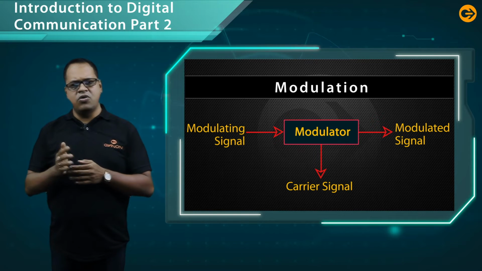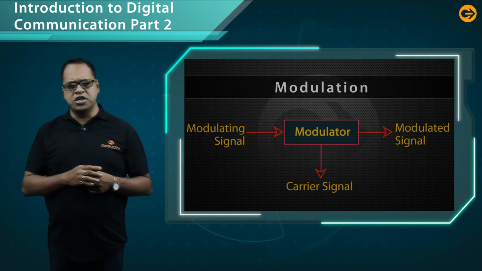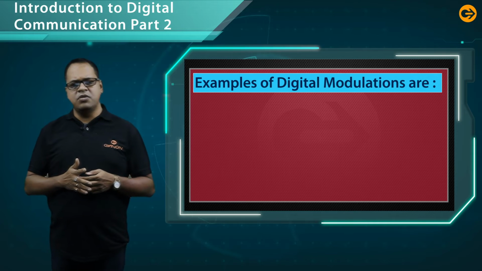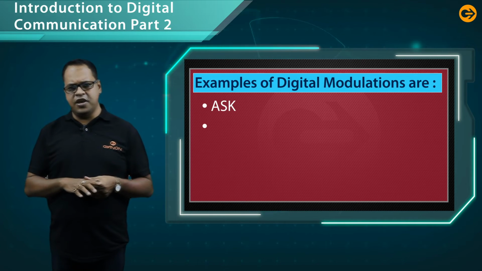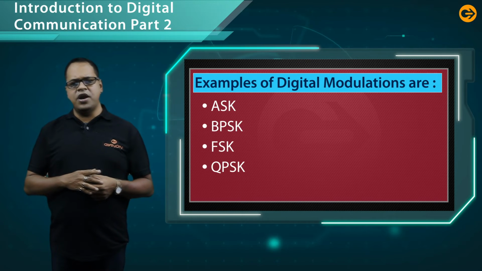This is known as modulation in case of digital communication. Now, there are some examples of digital modulation. They are ASK or amplitude shift keying, BPSK binary phase shift keying, FSK frequency shift keying, QPSK quadrature phase shift keying, and DPSK or differential phase shift keying.